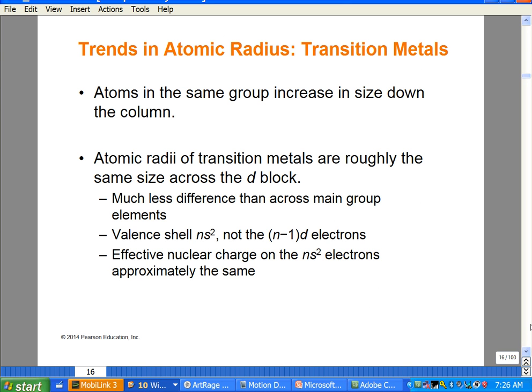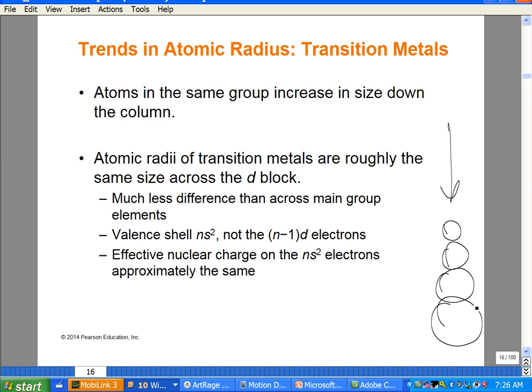So we talked about in class that there's an exception to this, and that the transition metals always have something different going on with them. So generally, atoms in the same group increase in size down the column because of the larger amount of electrons that we add to the outer shell.